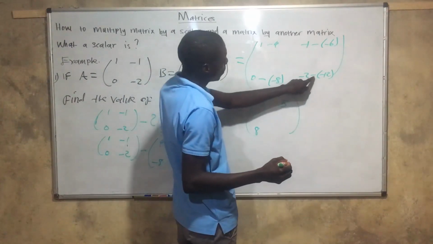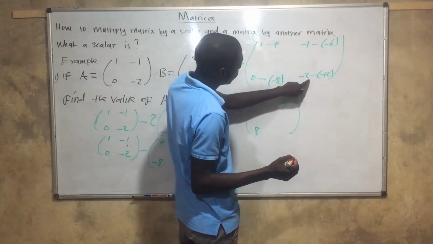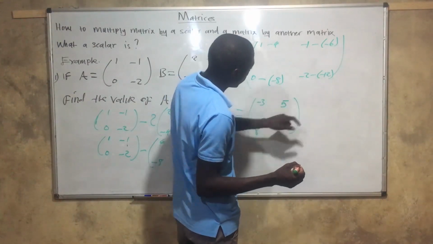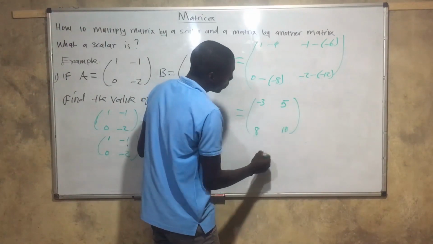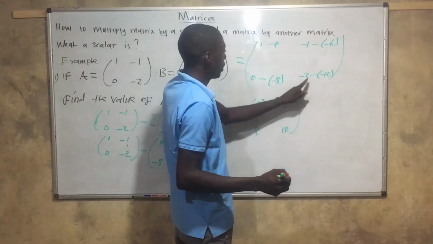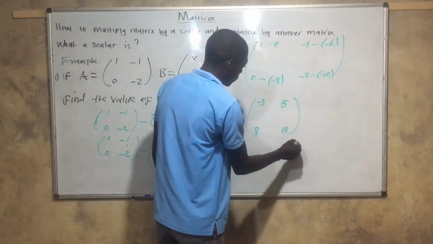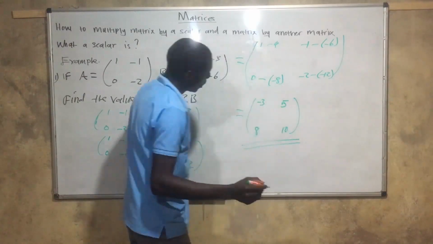Then negative 2 minus negative 12 will be negative 2 plus 12, which will give us positive 10, because negative times negative is positive. So this will be our answer.